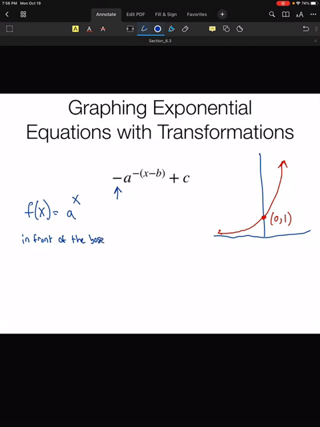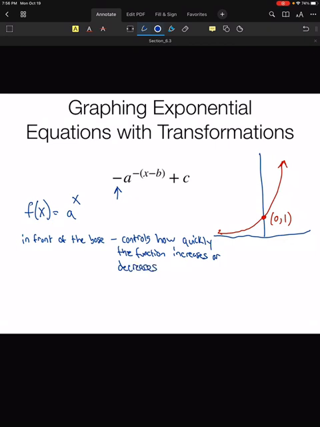In front of the base controls how quickly the function increases or decreases.